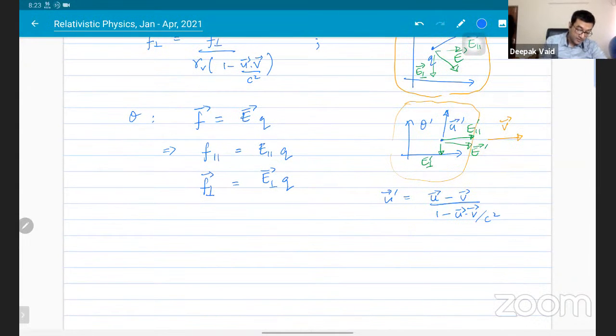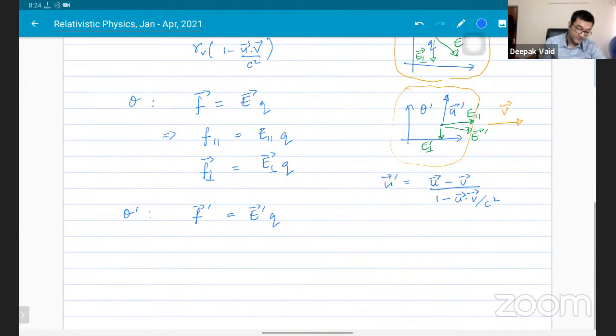So as seen by the observer O prime, there is a force F prime on the charge, which is equal to E prime times Q. And of course, in this, we are assuming that the charge is Lorentz invariant, like the rest mass. So this means that F parallel prime is equal to E parallel prime times Q, and F perpendicular prime is equal to E perpendicular prime times Q, right?